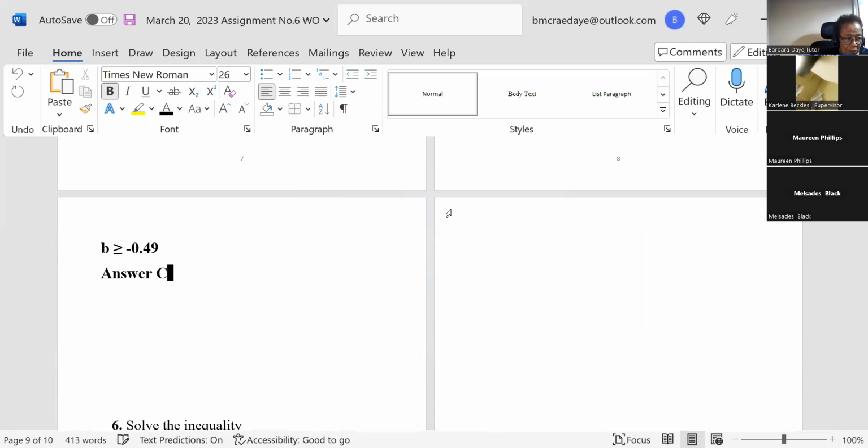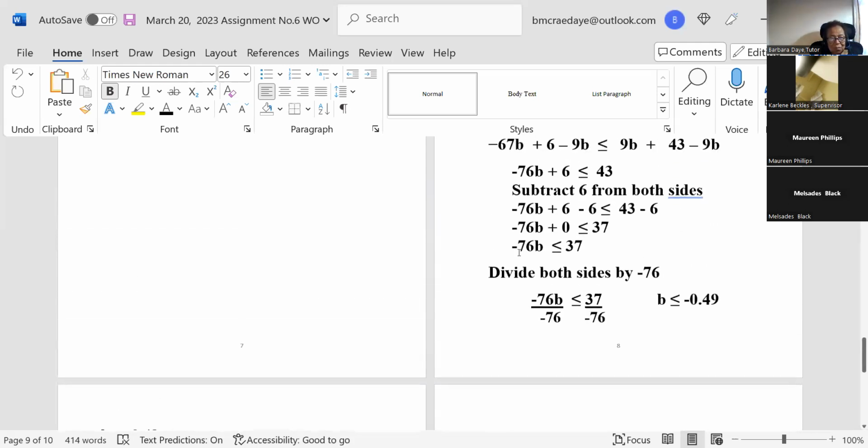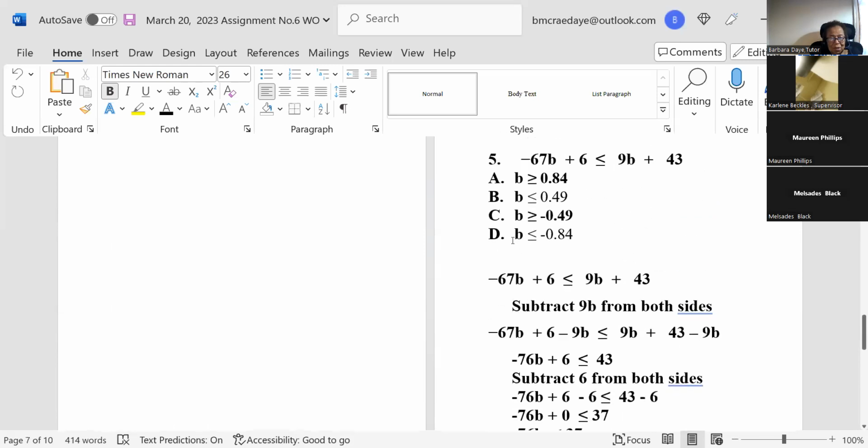No, Miss, I'm just going to have to review this math to make sure I get this double thing right. This is just like the other ones. That one before it, we tried to get the constants on one side, get the 6 where the 43 is, get the 9b on the side with the 67b.